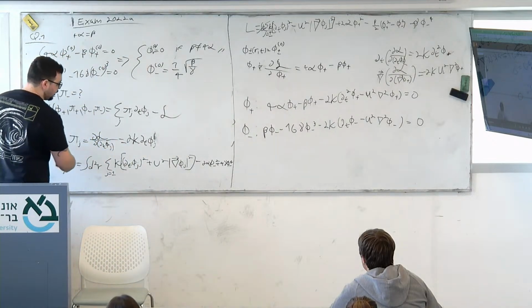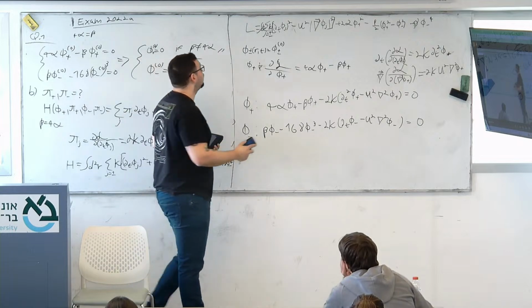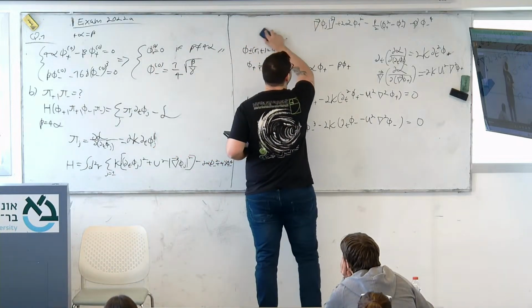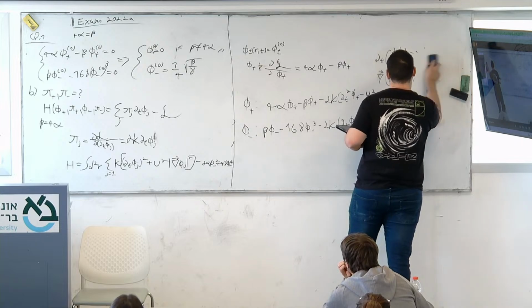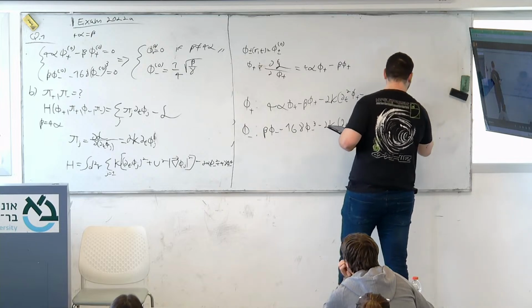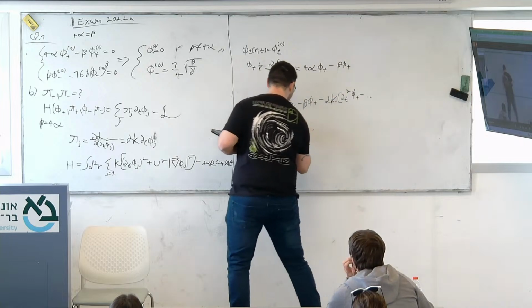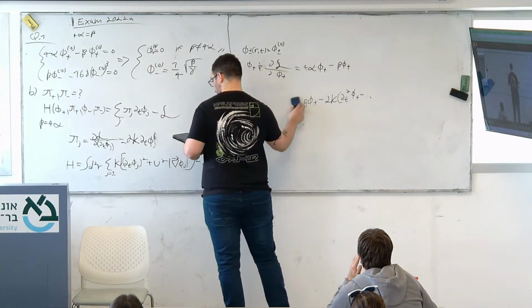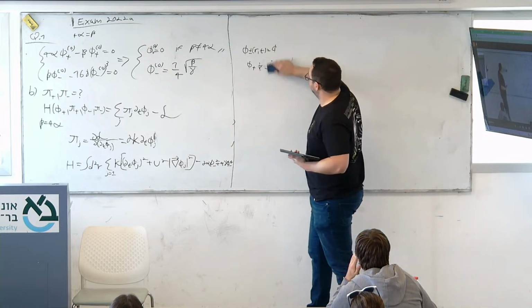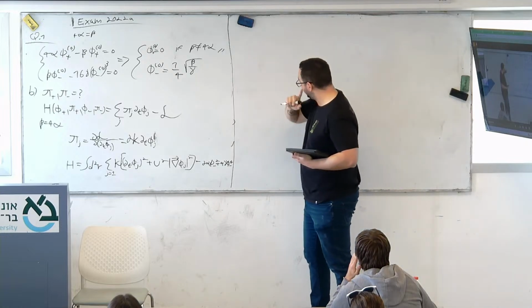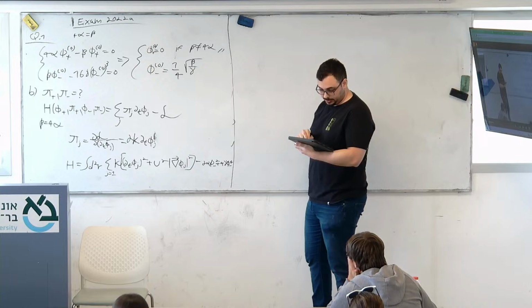So we found the Hamiltonian, and now we're given an approximate solution for phi plus and phi minus. Is it okay to leave the Hamiltonian in terms of the time derivative of phi? Technically, we should change it to pi.